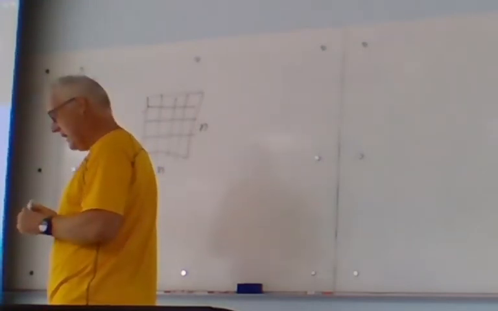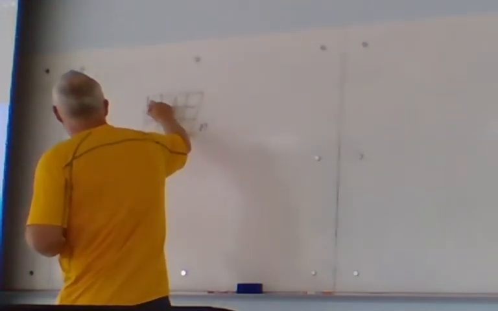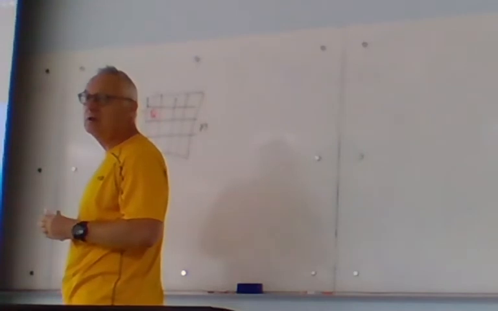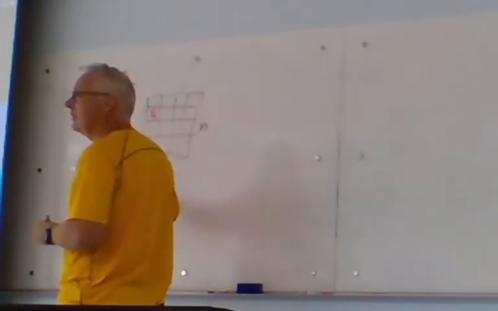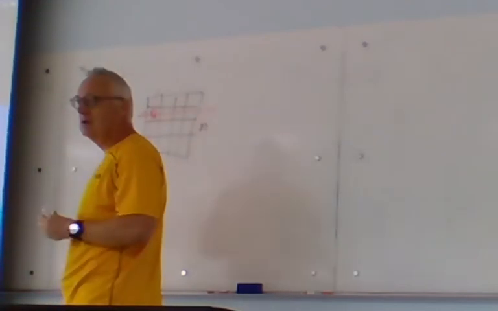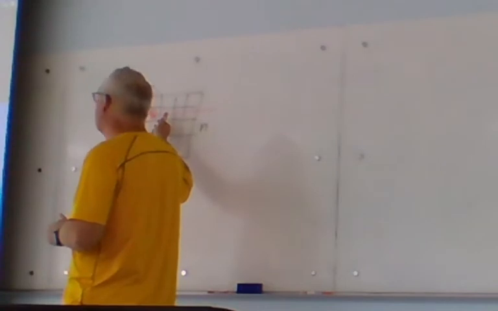However, after you place a queen, it's clear that the queen will block up this entire row, this entire column, and the diagonals. No other queen can be in this column or in this row.